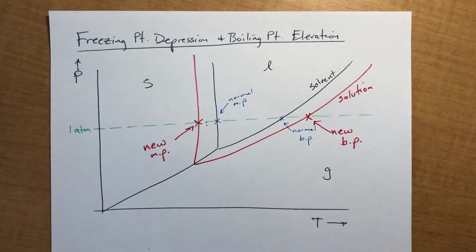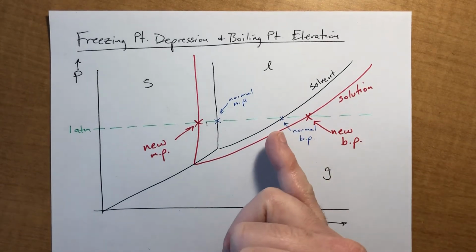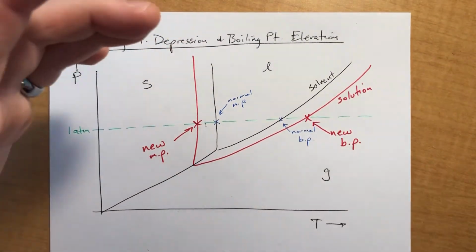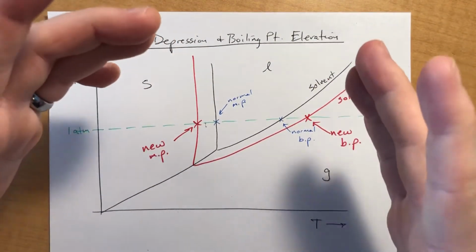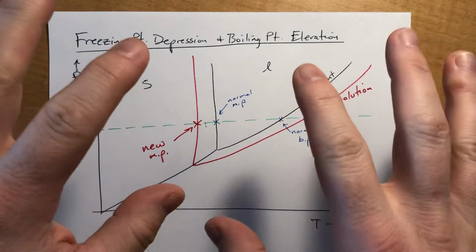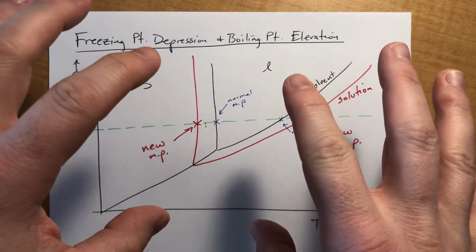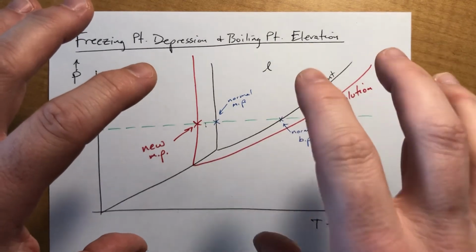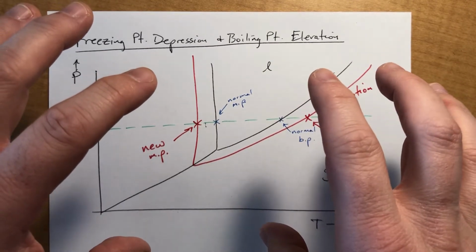So what happens is the boiling point goes up. If you take a pot of water, turn it on full blast, and you had two pots next to each other, the same amount of water, same amount of heat, and you poured salt into one of them, the one that doesn't have salt should boil first, okay?